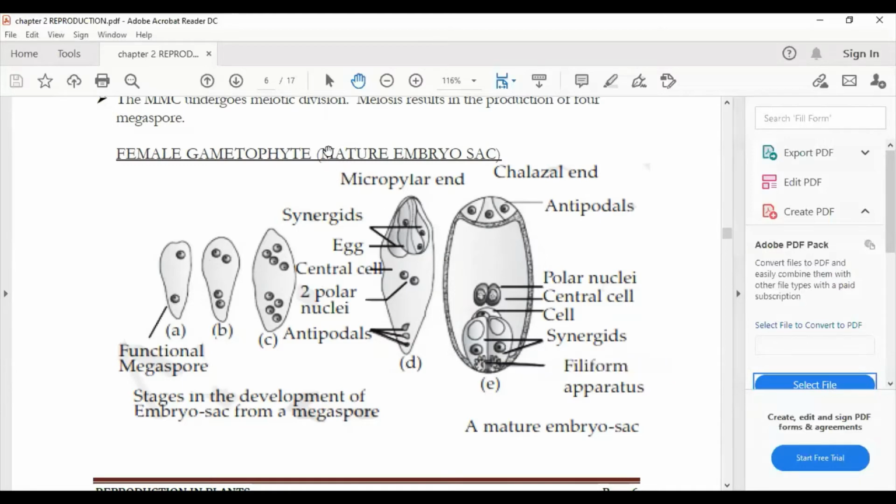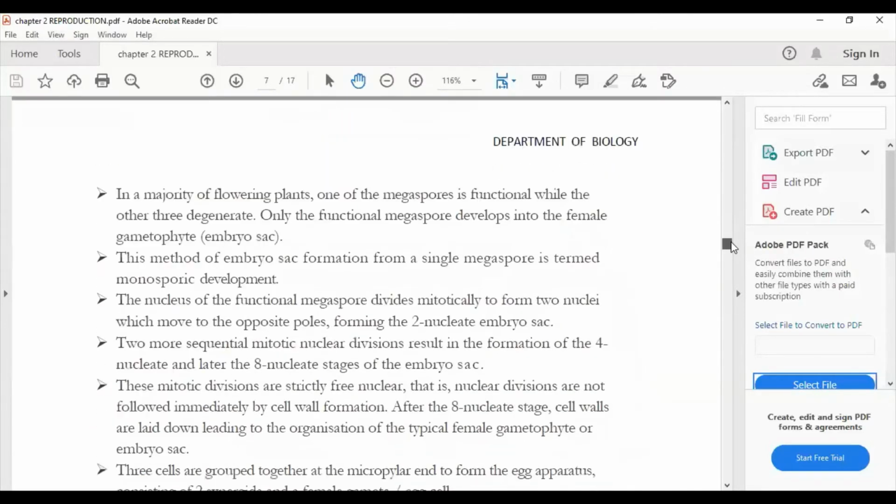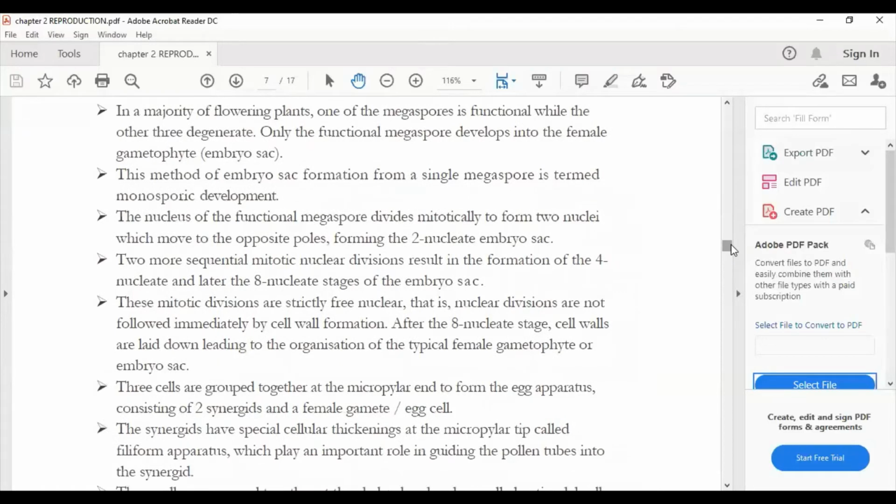And if they ask for a mature embryo sac, this E part, the last diagram, is the only diagram you are supposed to draw. Moving on to the explanation part. This is the explanation given for megasporogenesis.